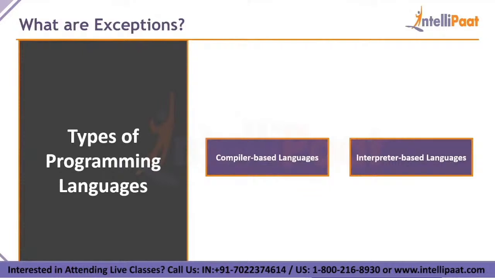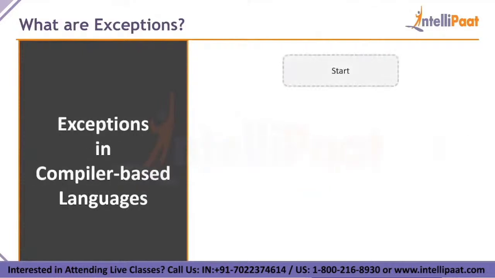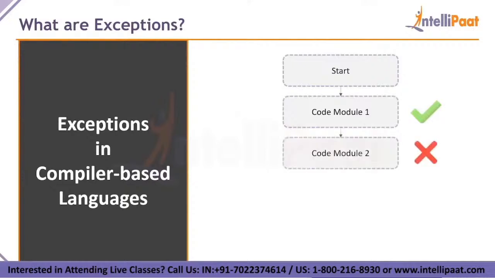So in this particular case, you'll basically have your code structure where the code starts. There will be a code module one, a code block one that will execute, which doesn't have any errors or exceptions, so it will execute successfully. And then if you encounter a code block or a part of the code where there is an exception, it will simply throw a compiler error that there is an exception or a code error over there.